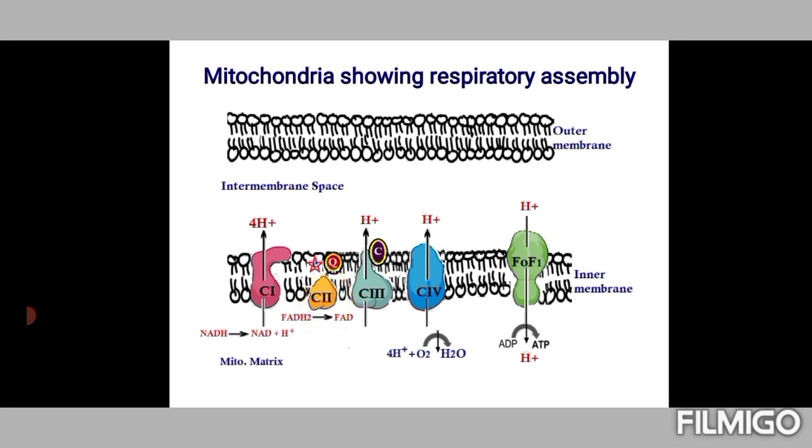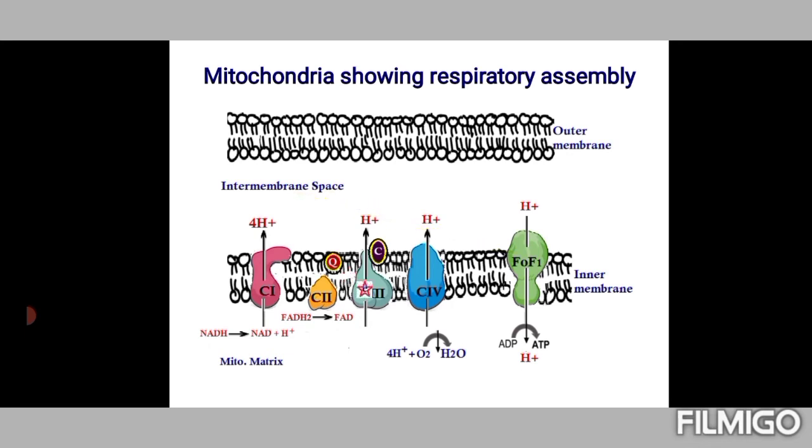So this is a curious point, that this FADH2 still remains attached to complex 2 and passes its electrons to complex 2, which eventually will be passed to ubiquinone, so as to reduce ubiquinone to ubiquinol. And further, these electrons from ubiquinol pass to complex 3, as you can see here.